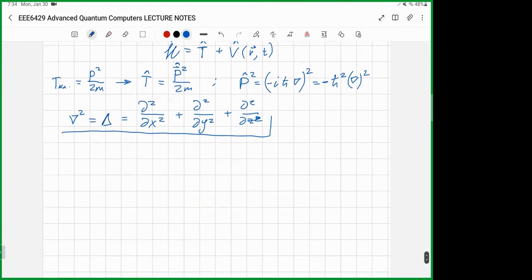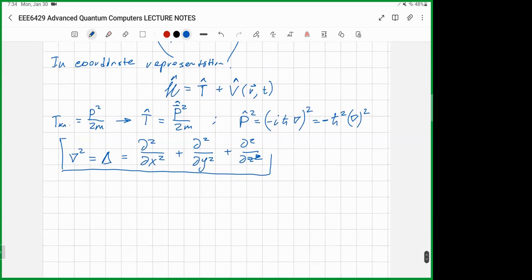So after all these calculations, you will get the fact that the square of the nabla operator is the Laplacian.